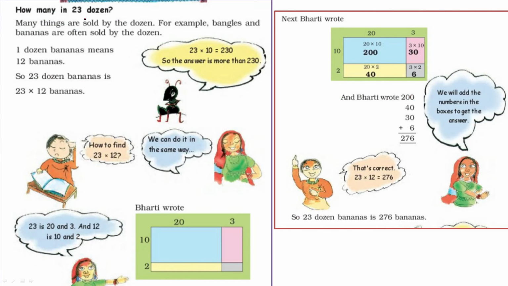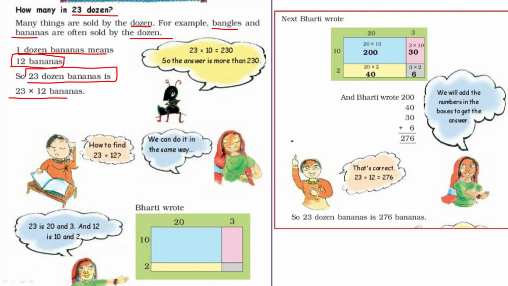How many in 23 dozen? How many things are sold by the dozen? Dozen means 12. For example, bangles, bananas are often sold by the dozen. 1 dozen banana means 12 bananas. 23 dozen bananas means 23 multiplied by 12 bananas.